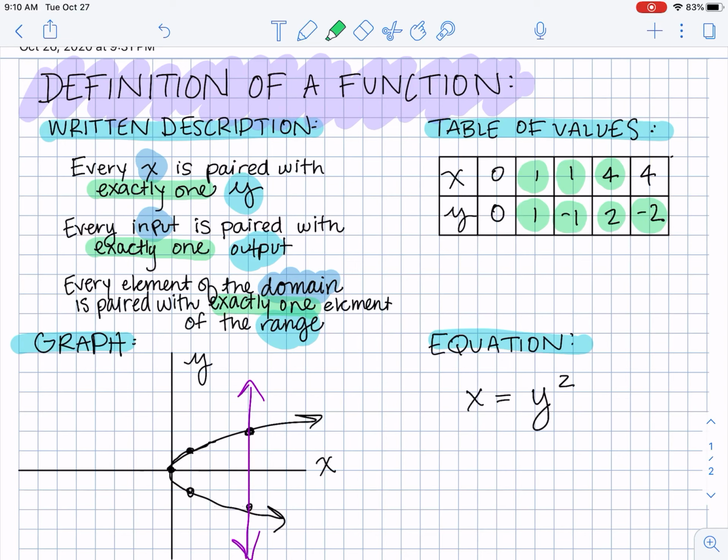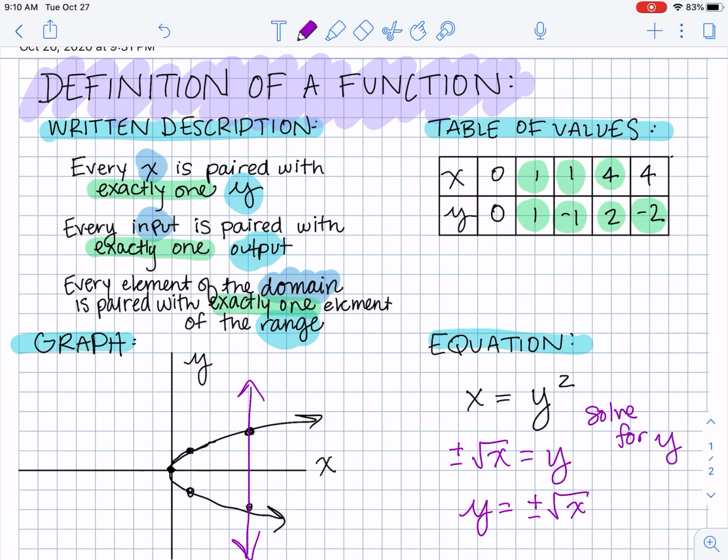But we can also explore the equation a little bit further. If I were to solve the equation for y, so we can think of this in terms of input and output, I'd take the square root of both sides, and I would get plus or minus the square root of x is equal to y. I might rewrite that, y equals plus or minus the square root of x.